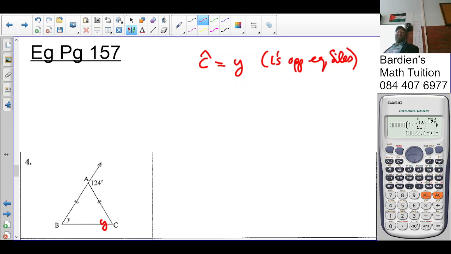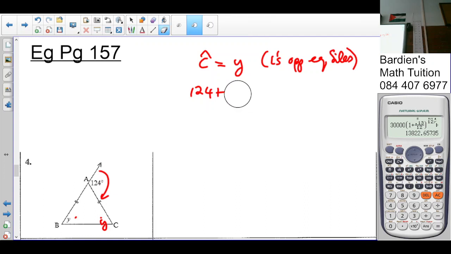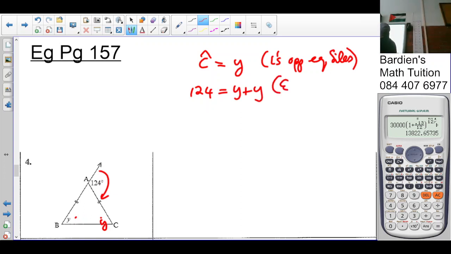Now what can I say? 124 is equal to y plus y. Reason? Exterior angle of triangle. So what's the full theorem?